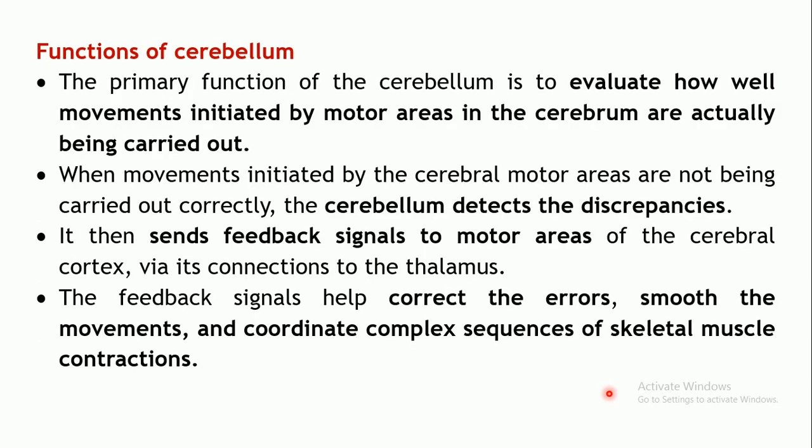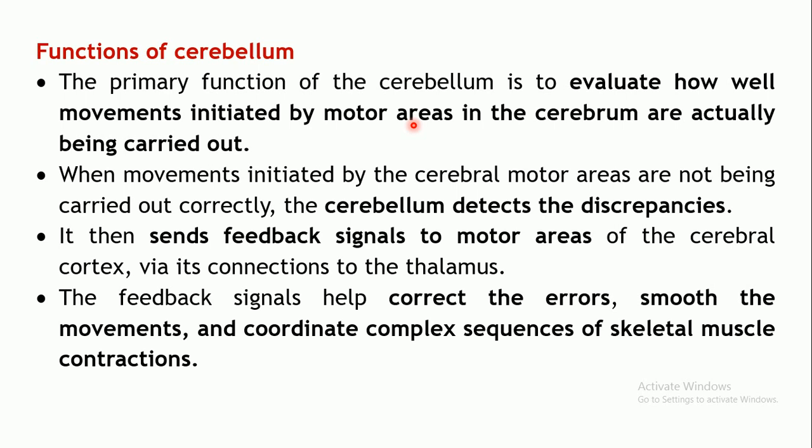So this is to do with the structure of the cerebellum. Now coming to the functions of the cerebellum. The main function of the cerebellum is to evaluate how well the movements which are initiated by the motor areas in the cerebrum are actually carried out. How well these are executed.